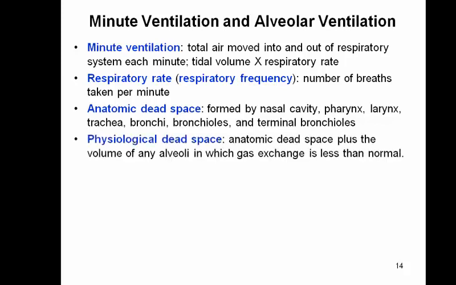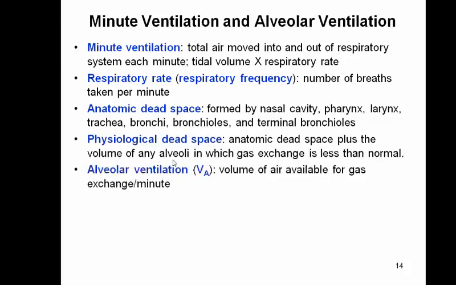That's a little bit different than physiological dead space. Physiological dead space is the anatomical dead space plus any air in the alveoli, the sites of respiration, that doesn't engage in gas exchange. Just because we move all that oxygen into the alveoli doesn't mean that all of that oxygen gets exchanged with the cardiovascular system.